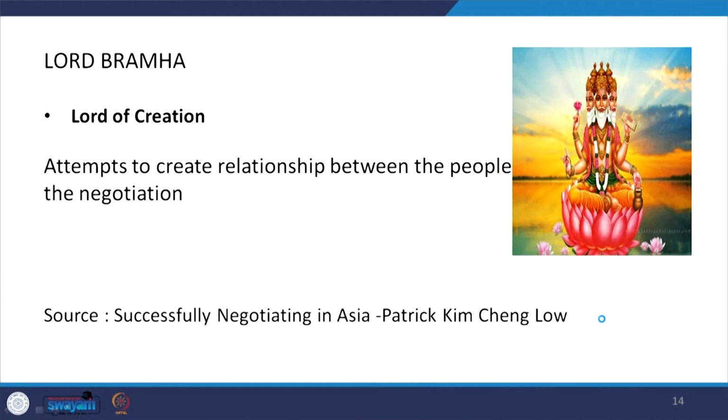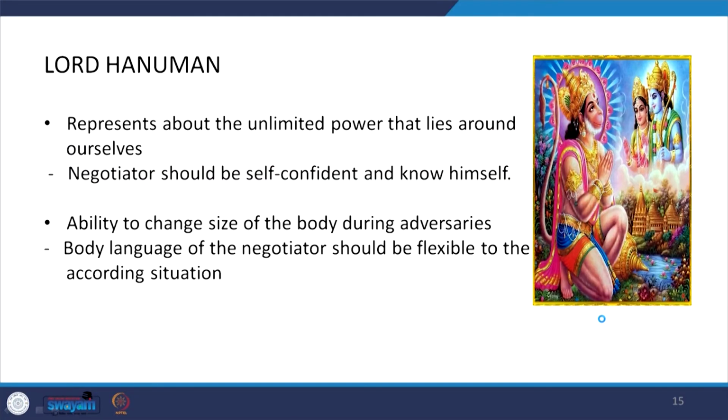This is the basis where we are talking about the universe, and therefore it is the creation of the relationship of the people, the negotiation. We find that all three lords, Brahma, Vishnu and Mahesh, are making sometimes the destruction, sometimes the maintenance and sometimes the creation.